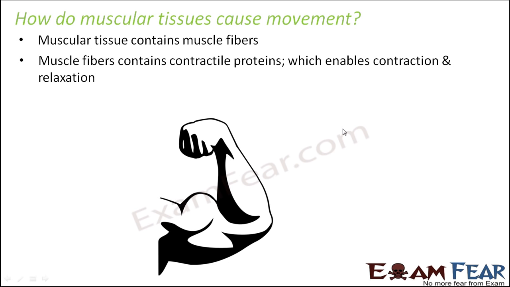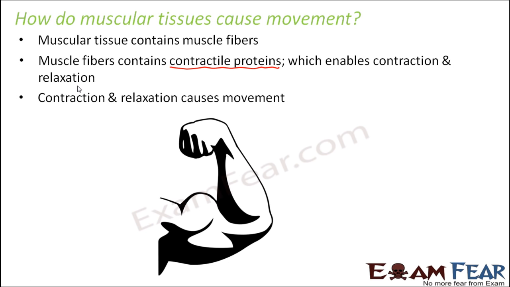And these muscle fibers in turn contain contractile proteins which enable contraction and relaxation. So inside the muscle tissue you have muscle fibers, and inside the muscle fibers you have proteins which are capable of contraction. The contraction and relaxation of these proteins causes movement of the different body parts.